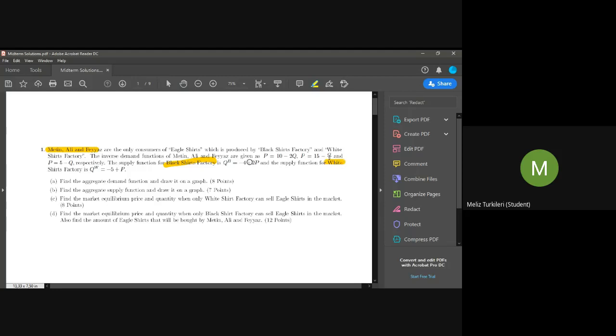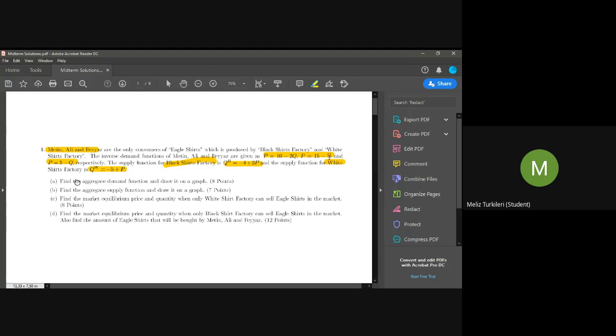And we know the inverse demand functions of Metin, Ali, and Feyyaz. These parts are the inverse demand functions. And we also know the supply functions of the factories. This one for the black shirt factory and this one for the white shirts factory.